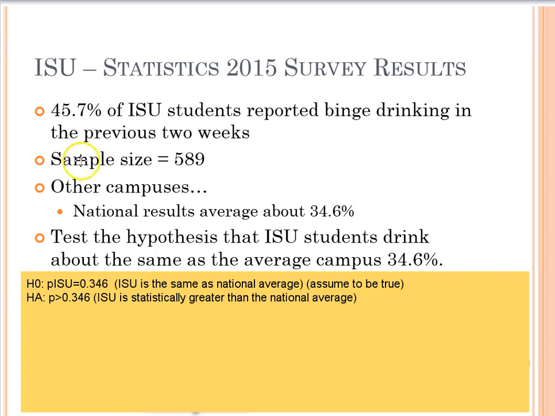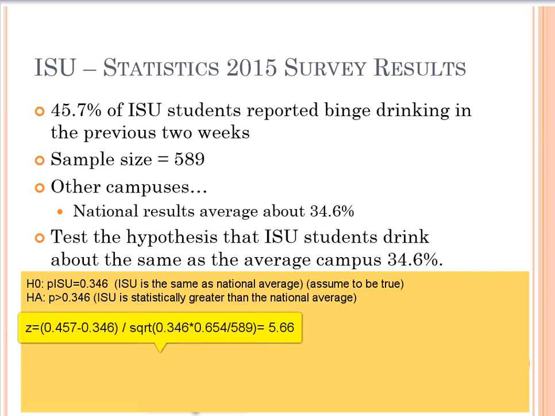This one sample that we happen to sample is in fact greater than what we're assuming to be true at 34.6%. But what we want to test is, is this sample really unusual, or is it within a reasonable amount of variation to where this null hypothesis might be true? And that's how we're going to test this hypothesis.